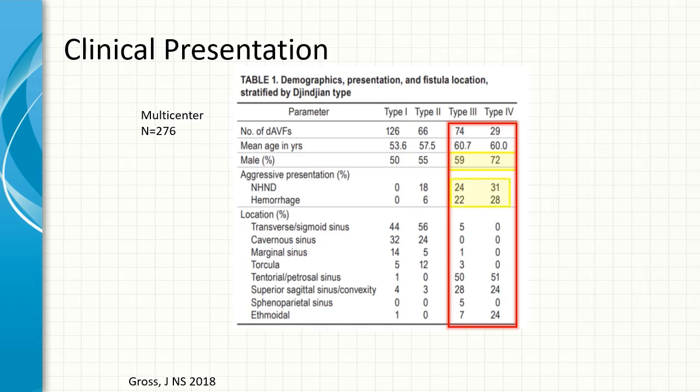As you see here, as the grading or type increases, the number of patients with associated symptoms increases, including presentation with hemorrhage, and the locations differ slightly, with tentorial petrosal sinus and ethmoidal sinus more common as you get higher in the types or grades.